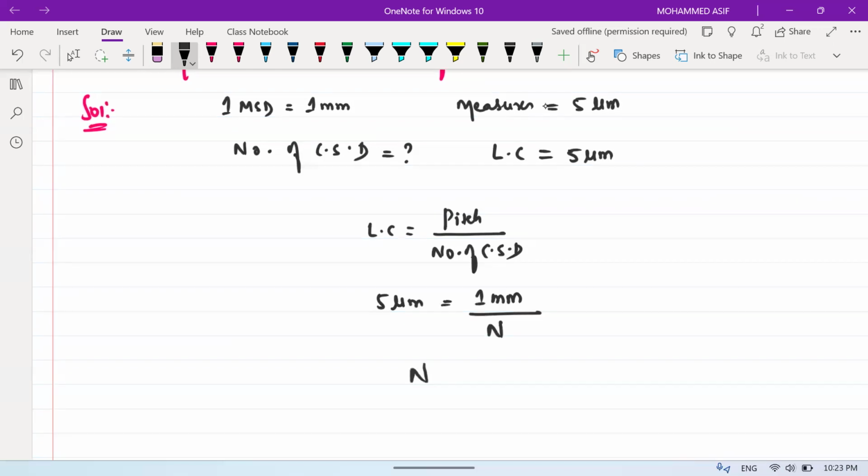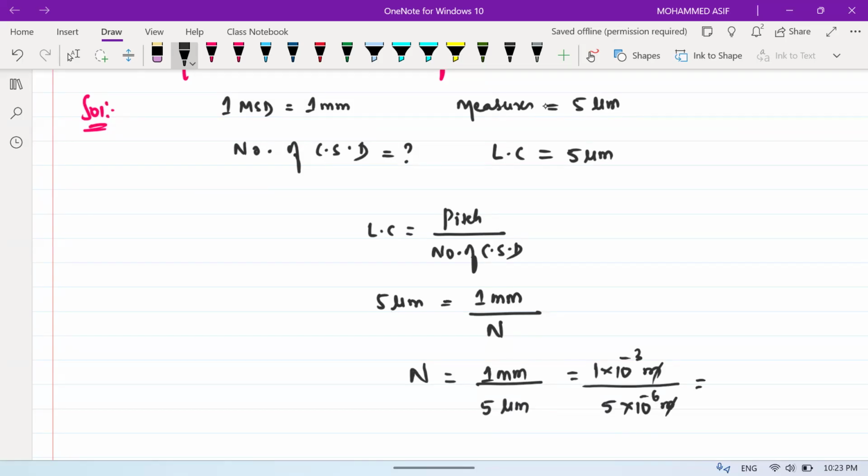So n value will be equal to 1 mm divided by 5 micrometers. That is equal to 1 into 10 power minus 3 meters divided by 5 into 10 to the power of minus 6 meters. ये number है ना बेटा, cancel हो जाएगा. So this meter will get cancelled.